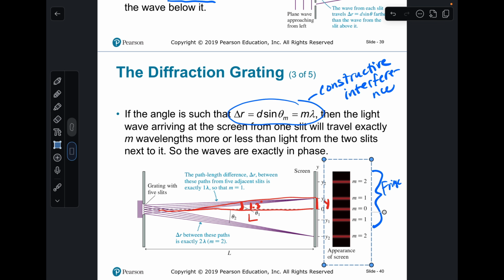While the bright fringes have become narrower, the distance between them is exactly the same. We're going to be using all the same equations from the double slit and applying them to the diffraction grating because the geometry of the problem is exactly the same. It's just that now we have multiple slits, multiple sources of light that are interfering with each other.